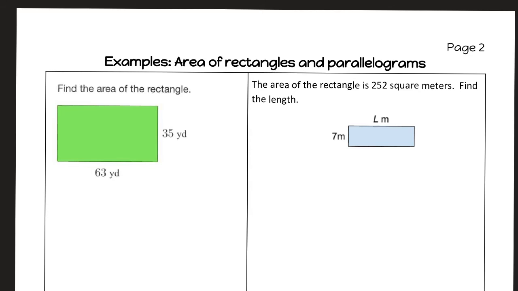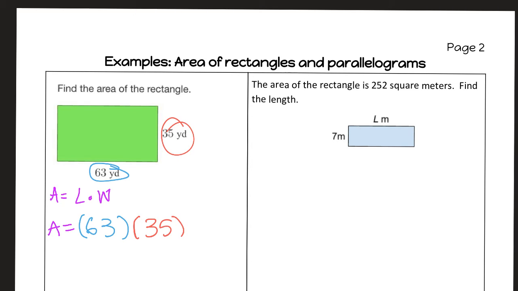We're going to start with a rectangle and parallelogram. Okay? So I'm going to start by writing my formula. The area equals the length times the width. Then I fill in what I know. Area equals, here's my length, times the width.